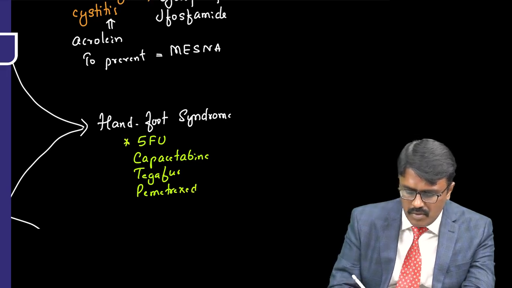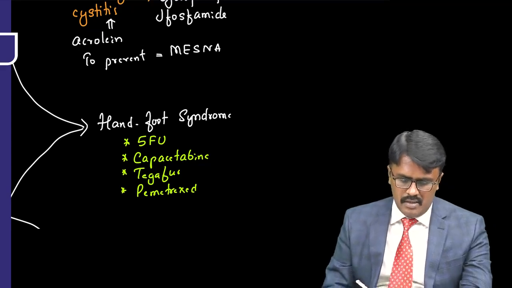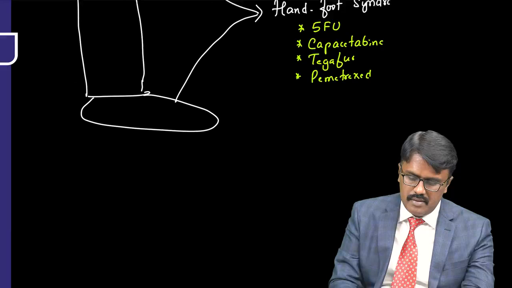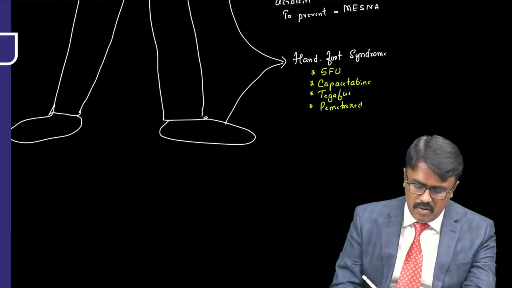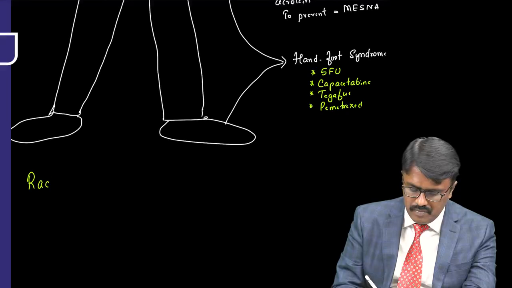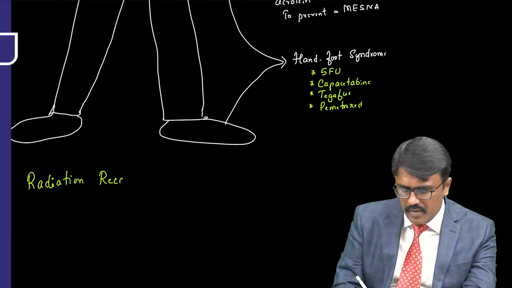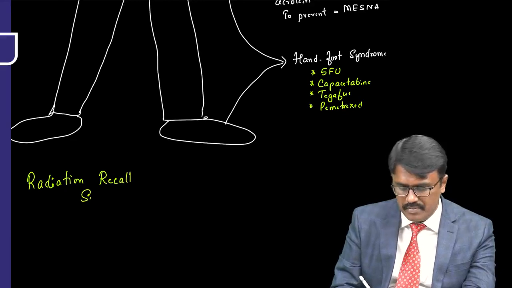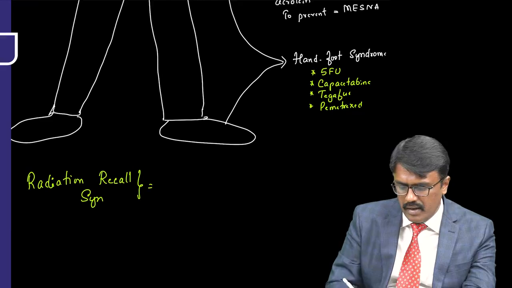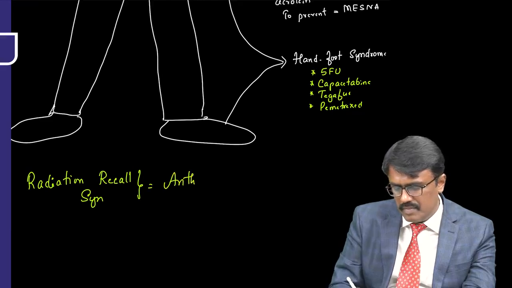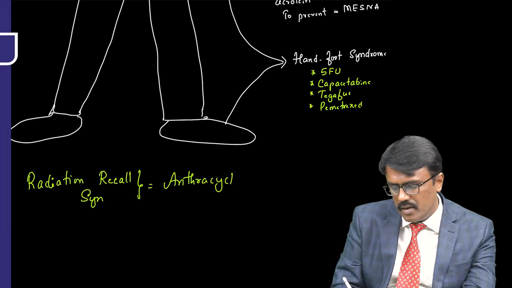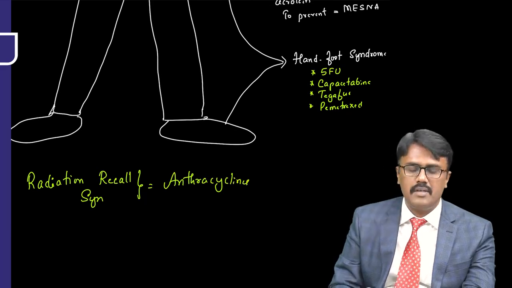So these are commonly known to produce hand-foot syndrome. Now again in these patients there is a problem called radiation recall. Can you guess what drugs can produce that? That is done by anthracyclines, daunorubicin and doxorubicin. They can produce that.